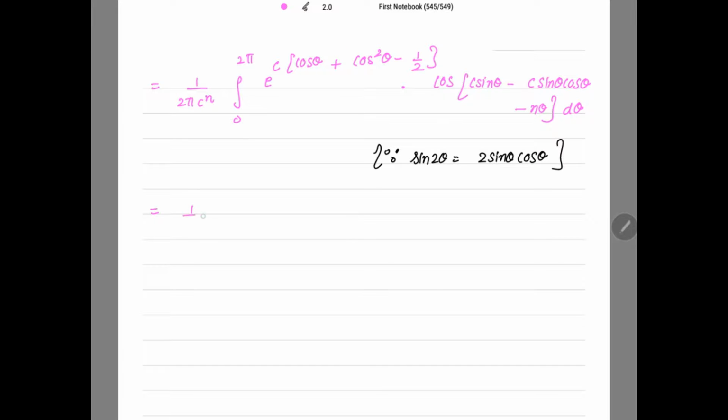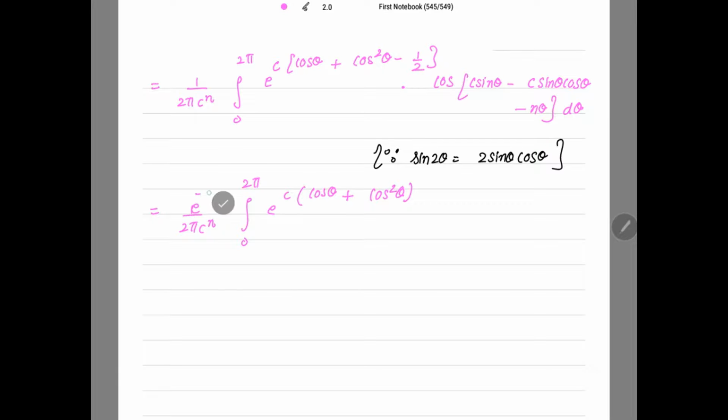Next, 1 over 2 pi c to the power n, integral from 0 to 2 pi of e raised to the power c cos theta plus cos square theta, and this is e raised to the power minus c by 2. I'm taking that outside, it's a constant.